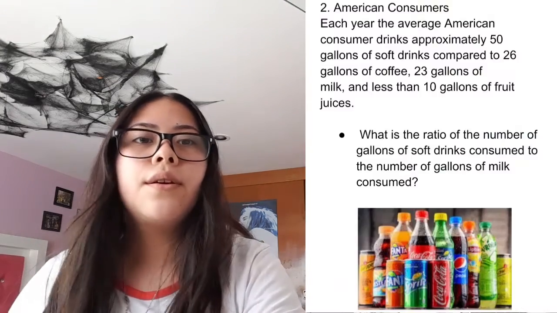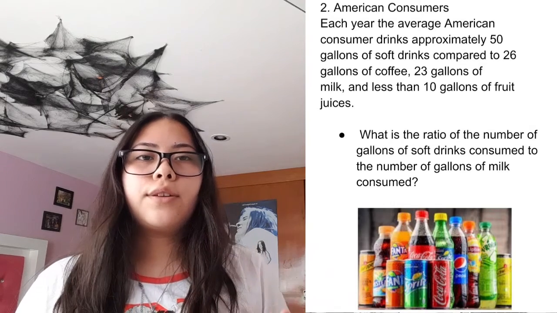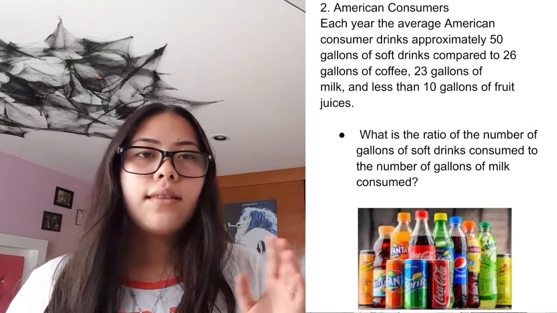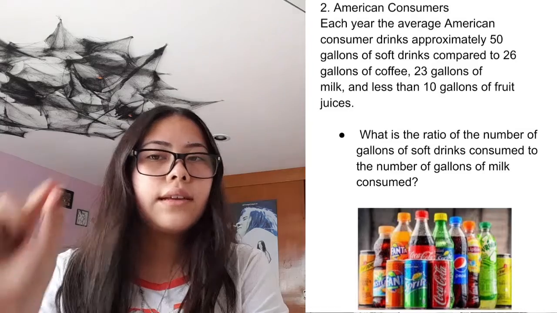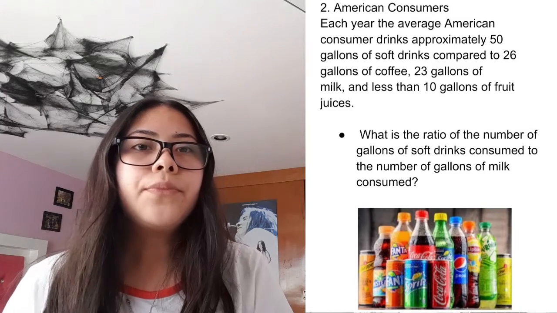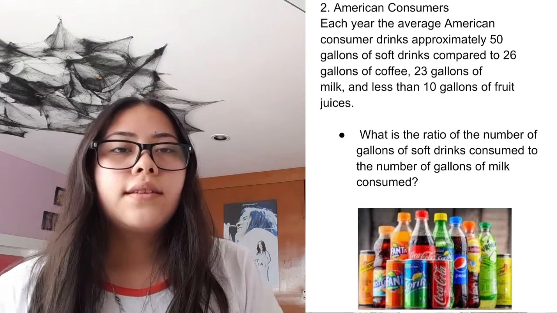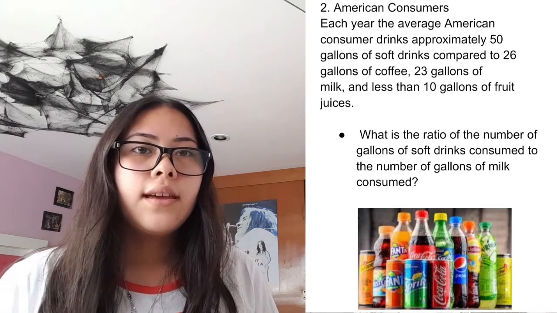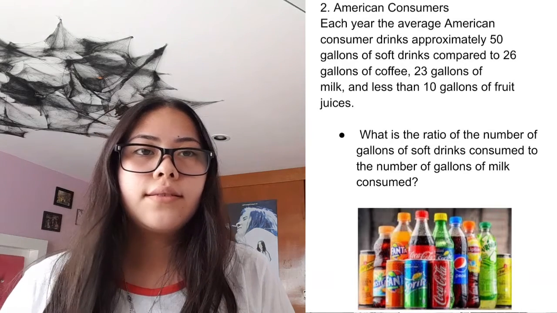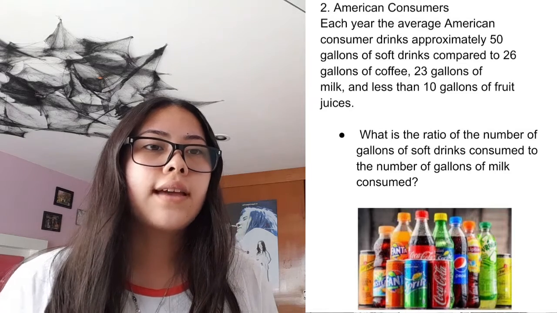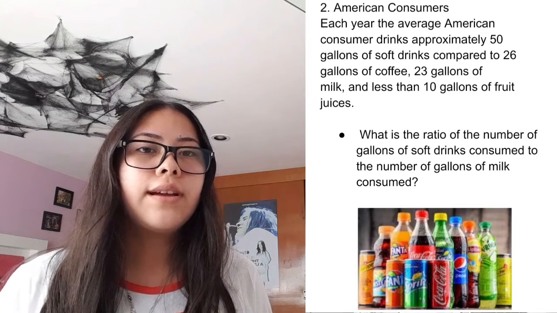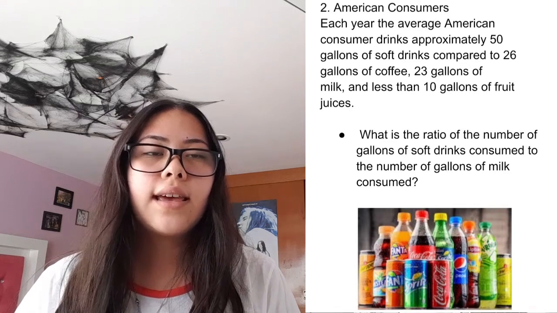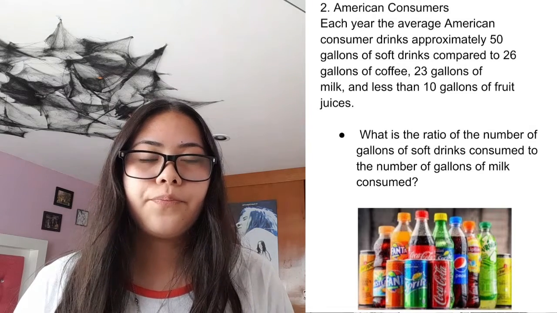Then we have another problem. Let's make a different one. We have this one. It is called American customers. This one has a little difference, and I will explain a bit. So the problem says, each year, the average American consumer drinks approximately 50 gallons of soft drinks compared to 26 gallons of coffee, 23 gallons of milk, and less than 10 gallons of fruit juices.